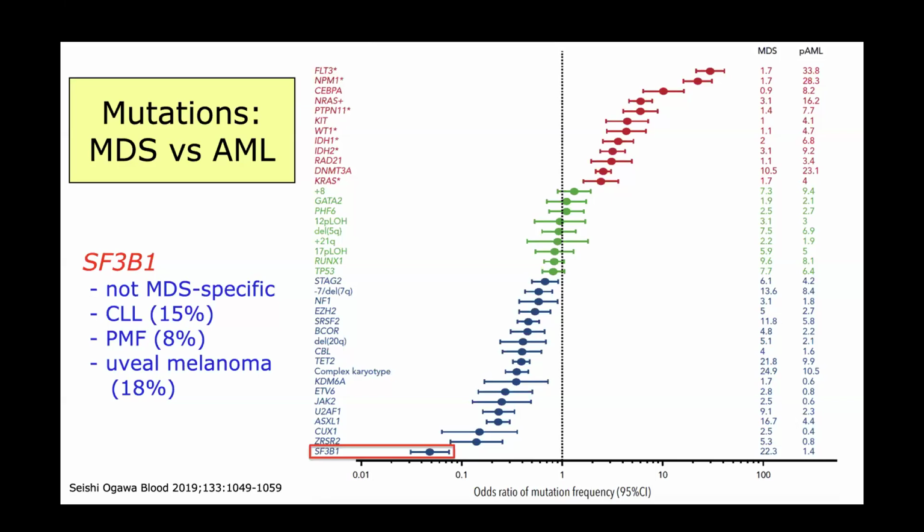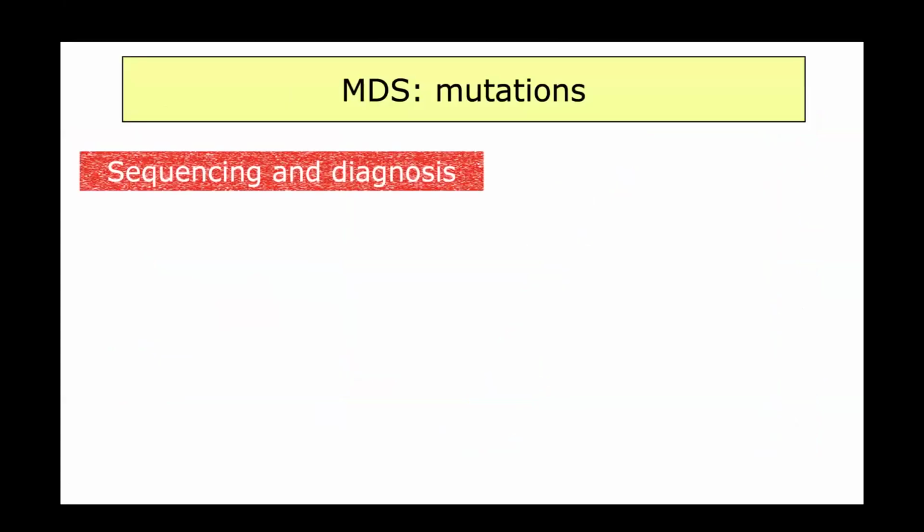But you can find SF3B1 mutations in CLL. Similarly, PMF, primary myelofibrosis, may be associated with SF3B1 mutations. And of course, there are a host of non-hematologic neoplasms that are enriched in these mutations, in particular of all things, uveal melanoma, more so than the more common cutaneous melanomas, are enriched in SF3B1 mutations.